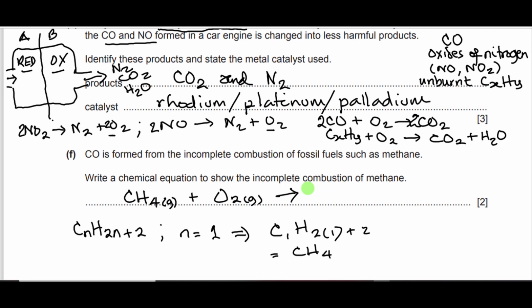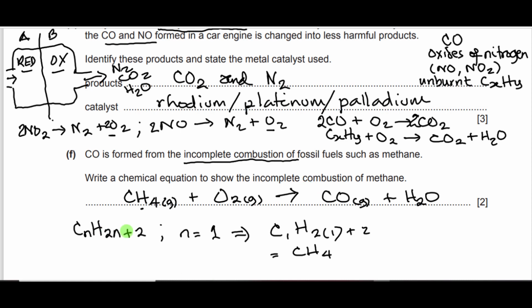Being a compound of carbon that undergoes incomplete combustion, it will form CO, carbon 2 oxide or carbon monoxide, as already stated in the question, and water from the hydrogen, since it is an alkane. So we are told to write a chemical equation to show the incomplete combustion of methane.